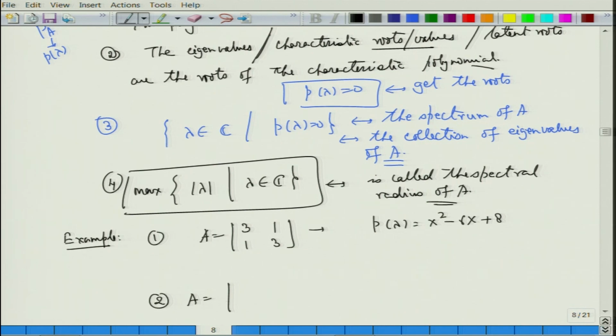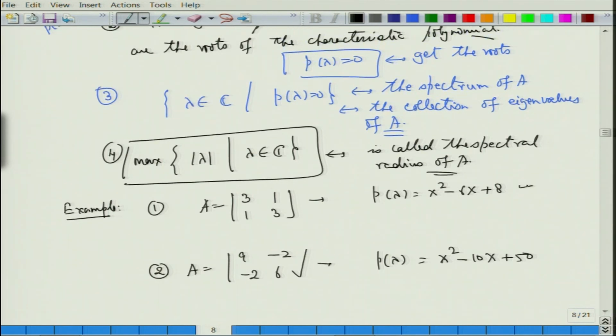It was 9 minus 2 minus 2 6, and for this P lambda was x square minus 10x plus 50. Look at this, the roots of this were 2 and 4. So the spectrum here is 2 comma 4. We write it as a set, and we write generally as sigma of A, sigma for spectrum. Is that okay?